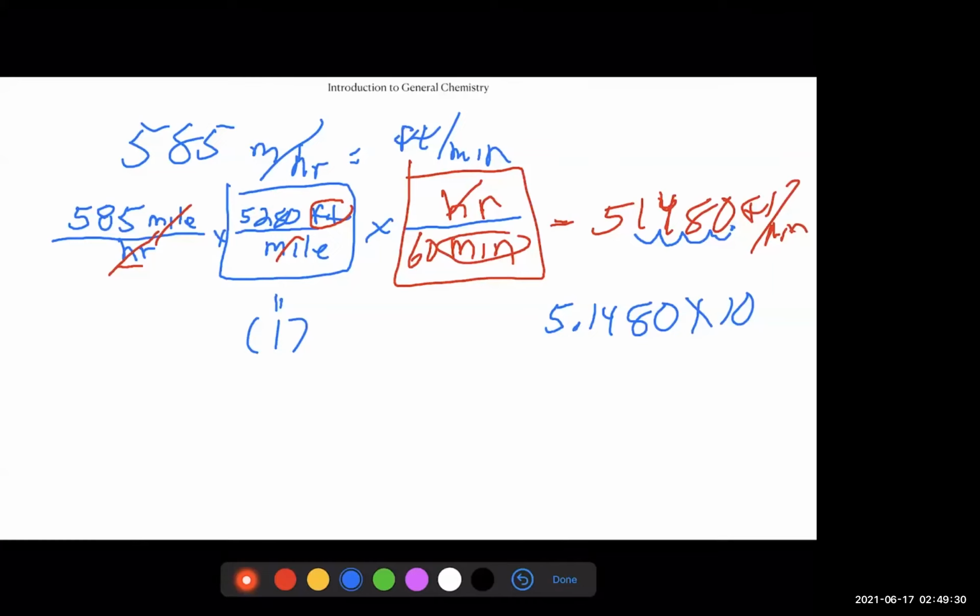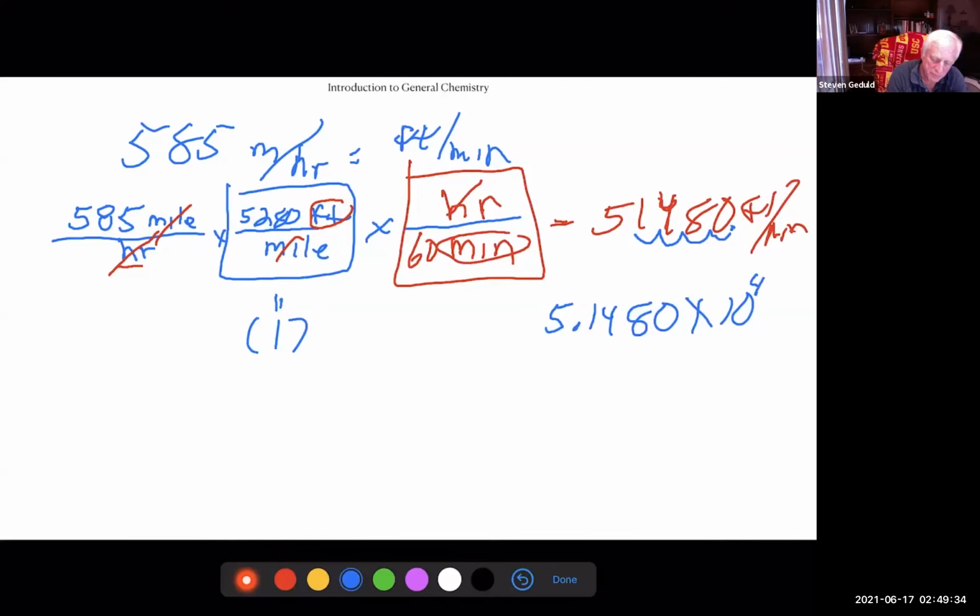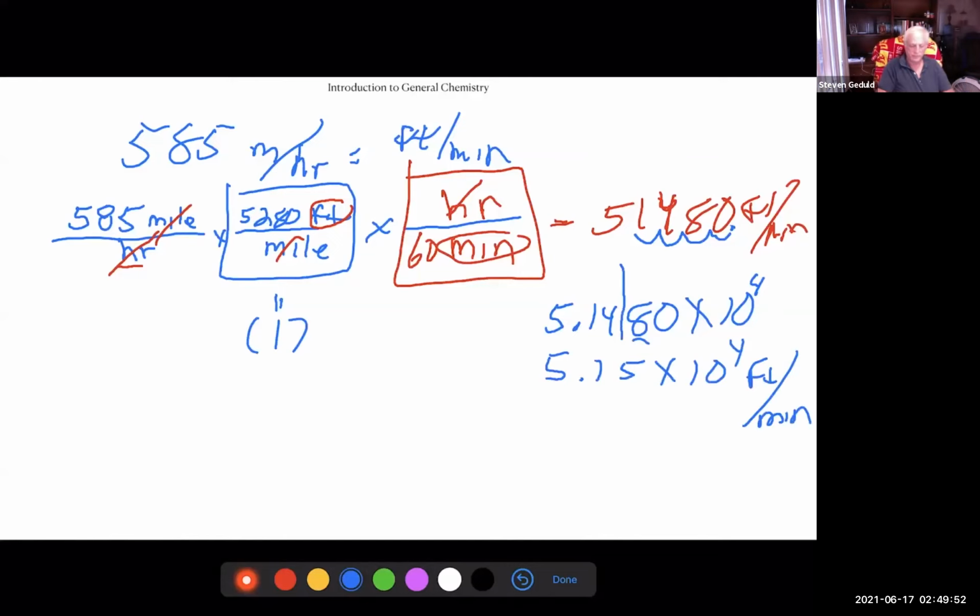Smaller, perfect. So I gotta make this bigger by 4. And then I have 3 significant digits. So I round this off to 5.1. This is bigger than 5. So 5.15 times 10 to the 4th feet per minute.